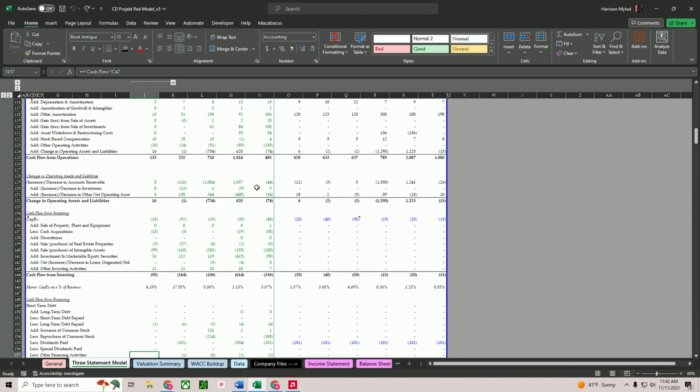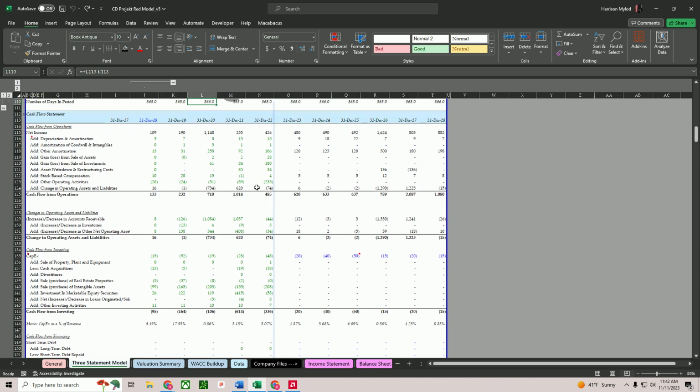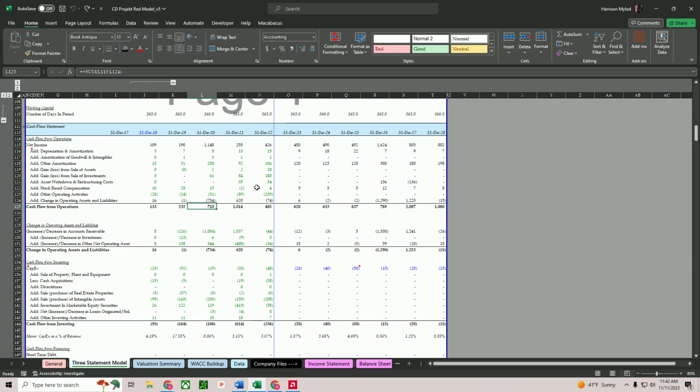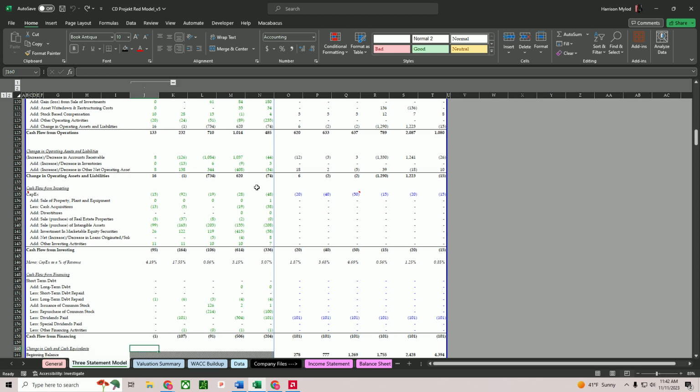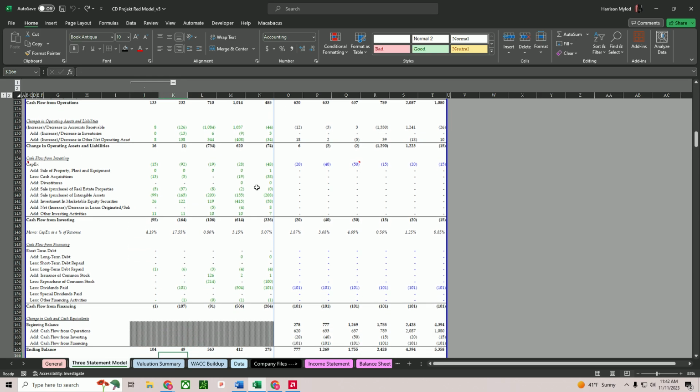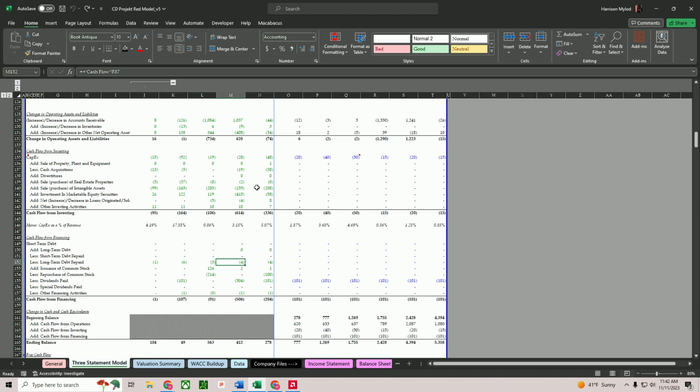But I like to look at where CapEx is historically and cash flows from operation. See any acquisitions, right? The company has hardly any debt, actually no debt.